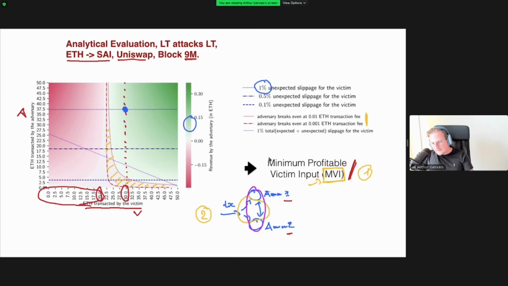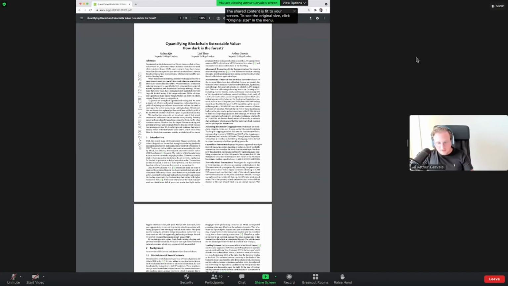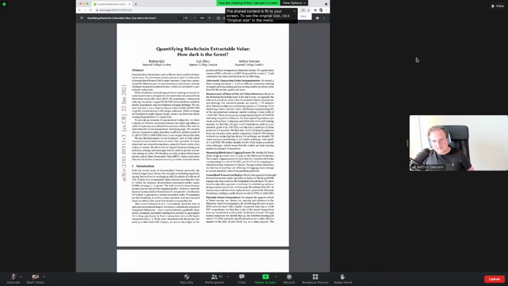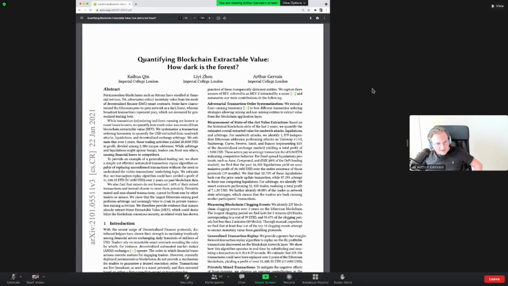People are being actively exploited, so it's quite a bad state at the moment for users, I would say. Quickly sharing my screen here. We quantified this in this other paper. So you're basically asking how dark this environment is, and here we quantified sandwich attacks.